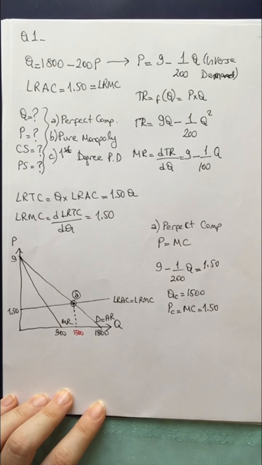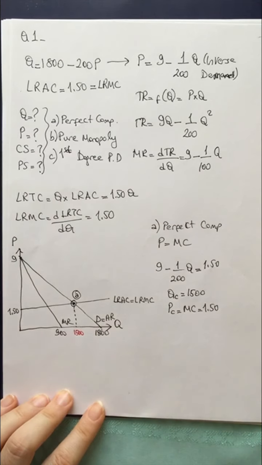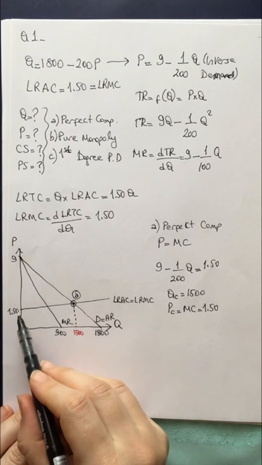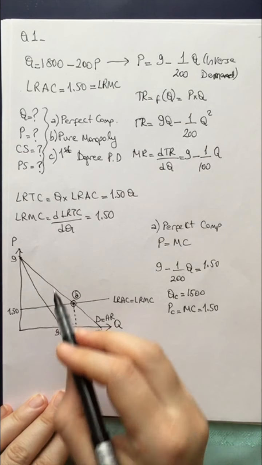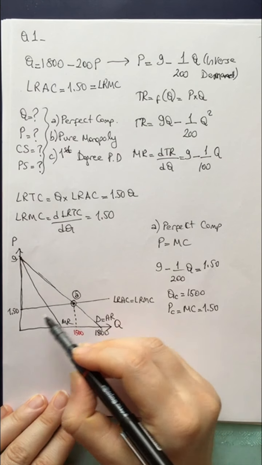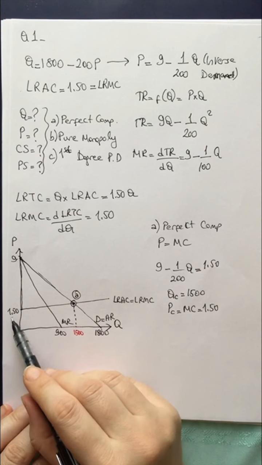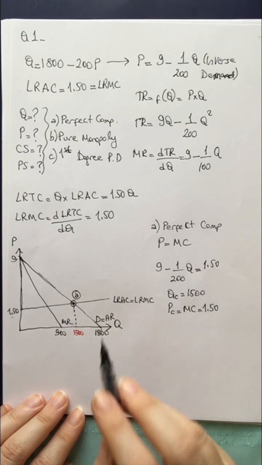And the competitive price will just equal the long run marginal cost, which is $1.50. Also we need to find consumer surplus and producer surplus. Here the consumer surplus is the total area below the demand curve and above the equilibrium price for the competitive market, which is 1.50.